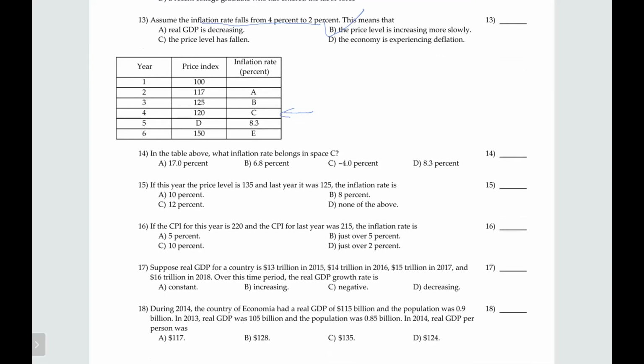So in order to find the inflation rate at C, what do we need to do? Because this is from year 3 to year 4, we are going to use 120 minus 125 divided by 125, and times 100, that's normalization.